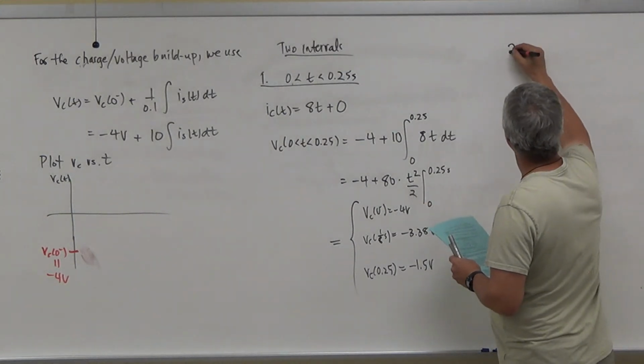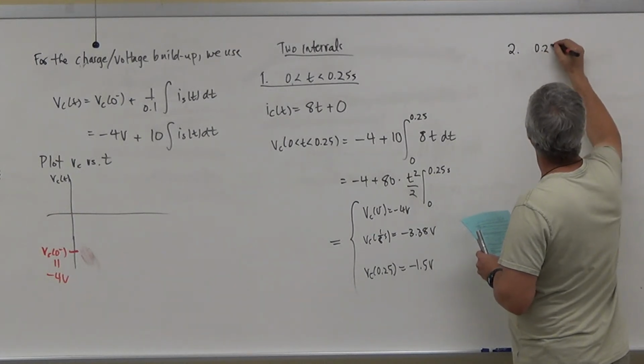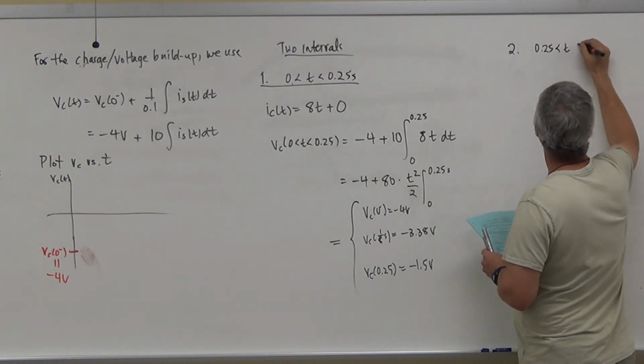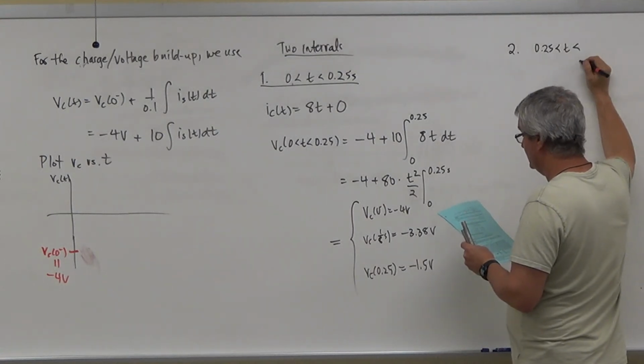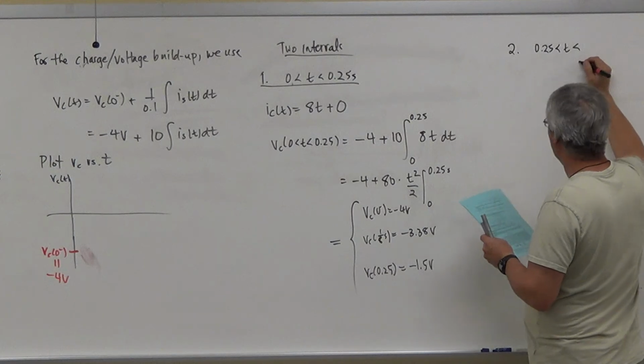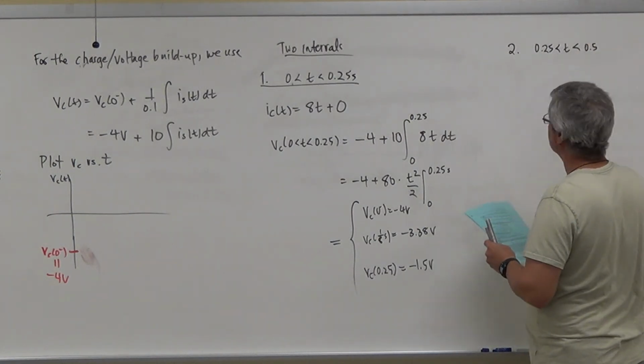Now if I look at the second interval, it's between 0.25 and it goes to what? Actually, 0.5.